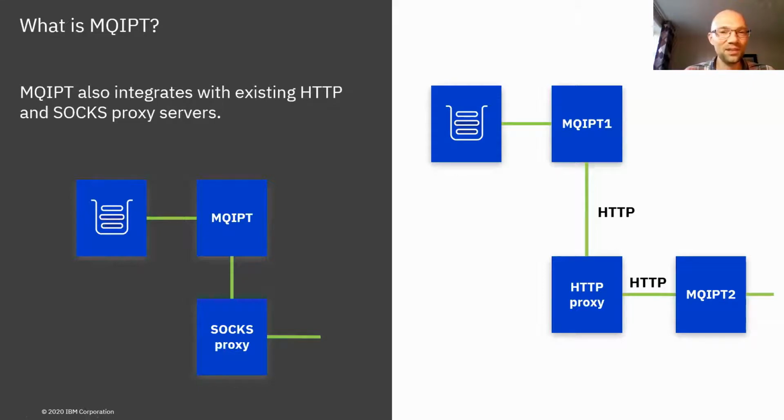So MQIPT will absolutely be able to talk to an HTTP proxy if it's doing an HTTP connection. So that's reusing an existing HTTP proxy to probably go out of your network. And also you can use a SOCKS proxy. So it'll be able to talk to the proxy and tell the proxy where the connection needs to go to, its queue manager destination.